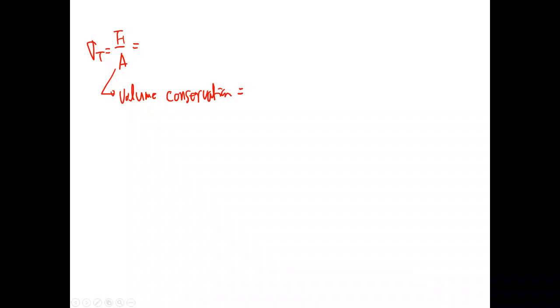How can we define the volume? First, the cross-section area and their length. The volume is the cross-section area A times the length L, but this is equal to the initial cross-section area A0 times the initial length L0.